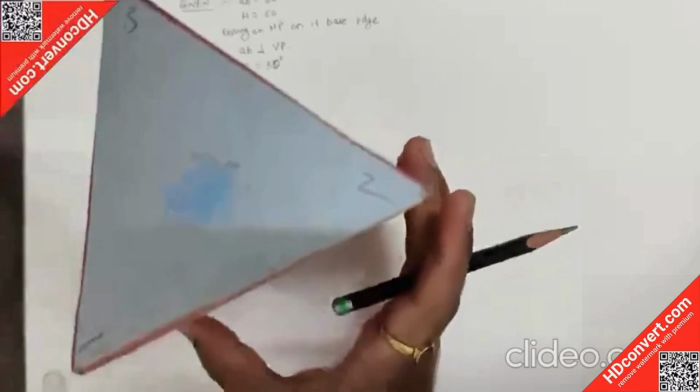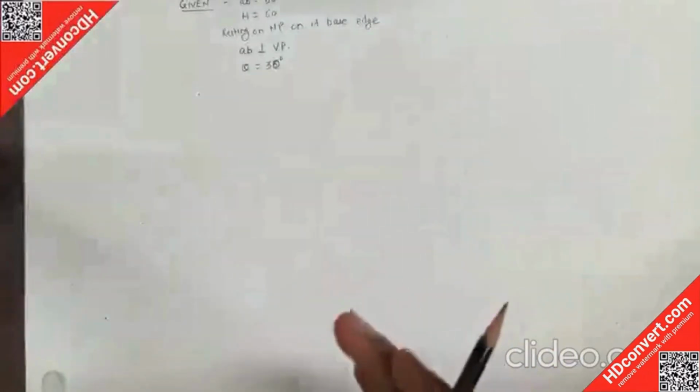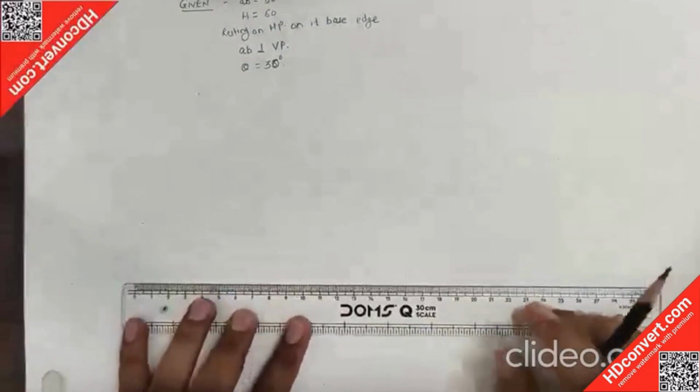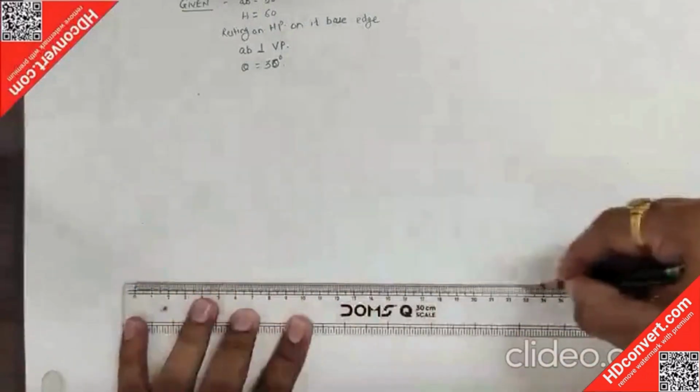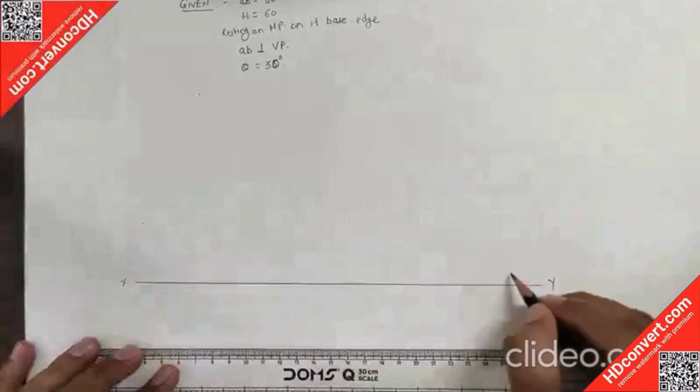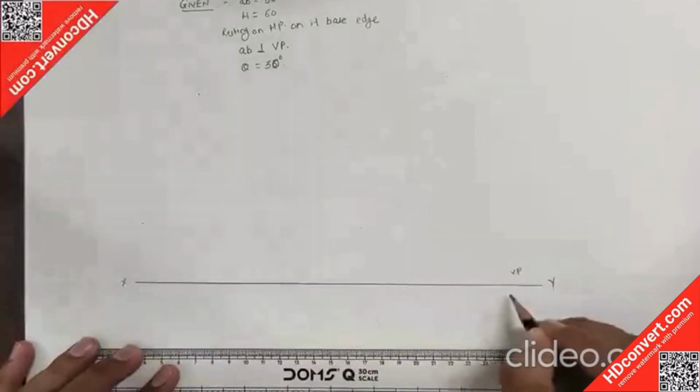So as per the given data you have to draw the development. This is the XY line, the intersection of HP and VP. The portion above is the VP and the portion below is the HP.